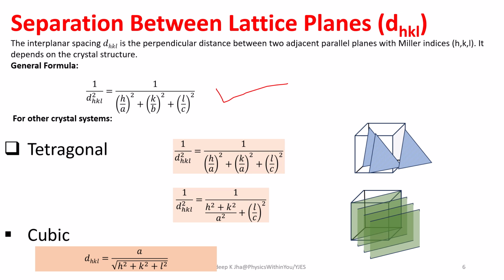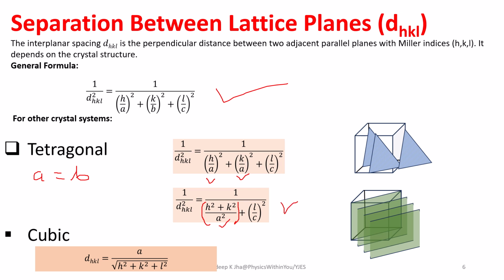We need not worry about the orthorhombic case, but in the tetragonal, A equals B. So you can replace B by A, and you get h square plus k square over A square, and this is A square, so the LCM will be the same. So this is for the tetragonal.